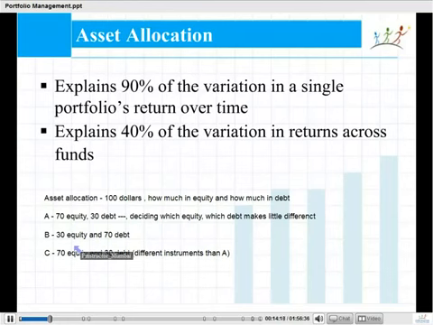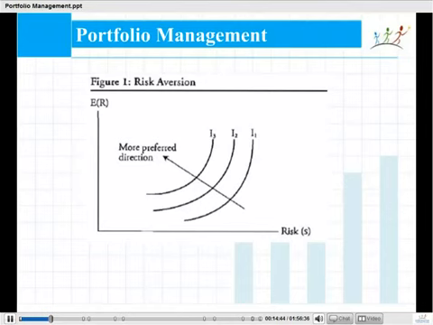A very small percentage of the difference in returns will actually be ascribed to timing the market or to which equity did B buy and which exact stock or which equity did A buy. The biggest difference in funds comes because they have a different asset allocation than A. So asset allocation is the most important decision that you will take for your client.